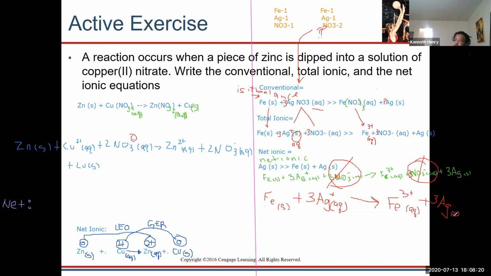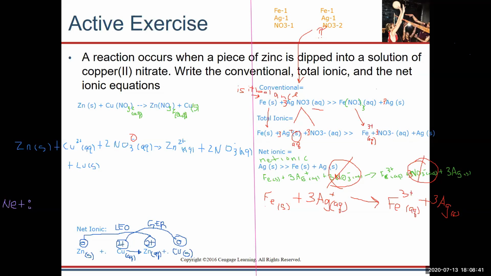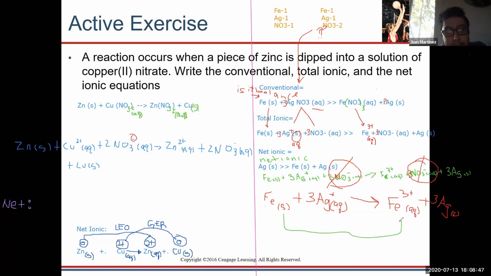Okay, so who's being oxidized and who's being reduced? Iron is oxidized. That's right. Iron is oxidized. Silver is a reduction.